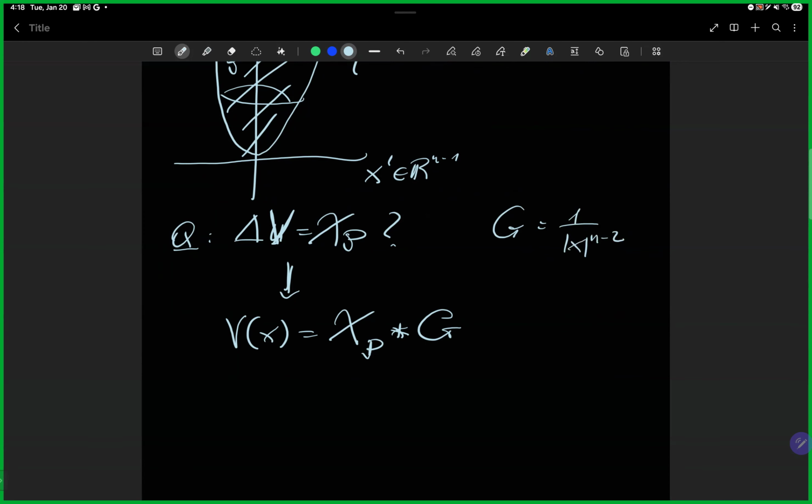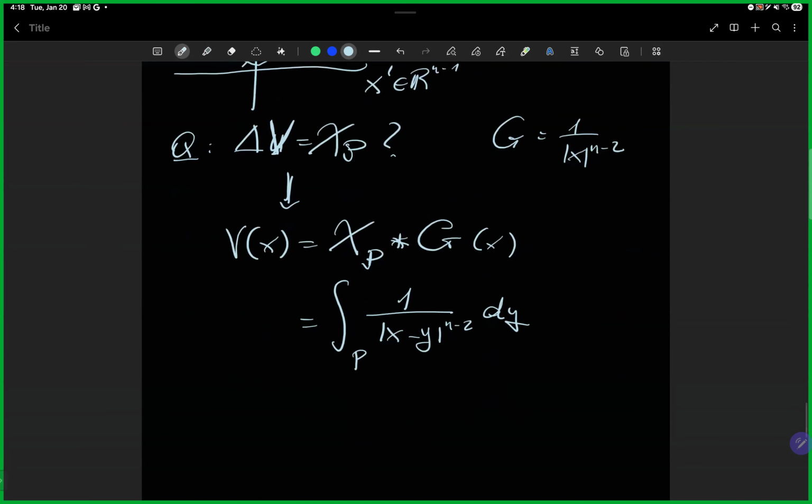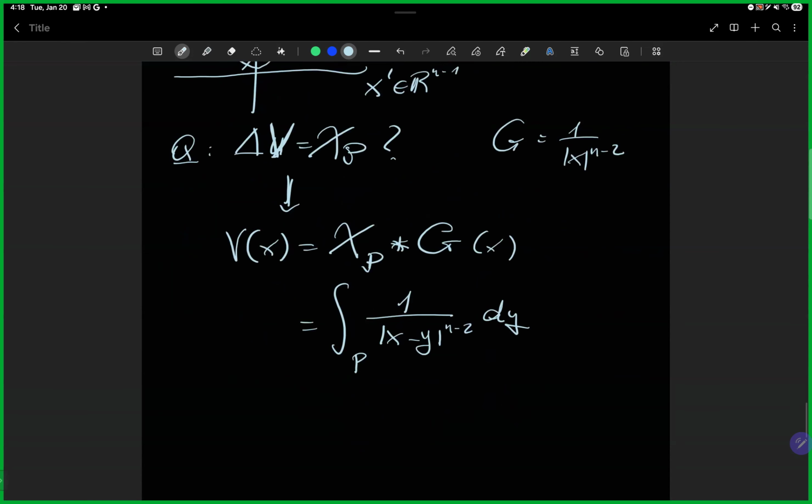So this should be the integral over P of 1 over |x minus y| to the n minus 2 dy. If you think that you can invert with the Green function, you take this integral and ask, is this really the solution, up to harmonic functions?